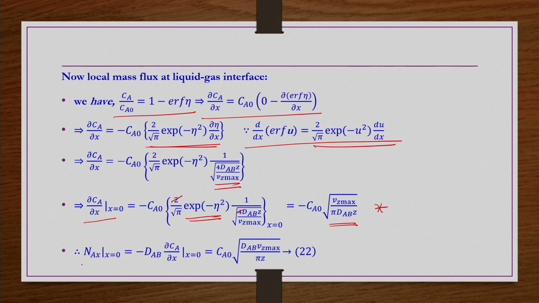So, Nax at x equal to 0 is nothing but minus dAb dou Ca by dou x at x equal to 0. That dou Ca by dou x at x equal to 0 is minus of this one, so plus of this one we are having, multiplied by dAb. So, that is square root of dAb Vz max by pi z.